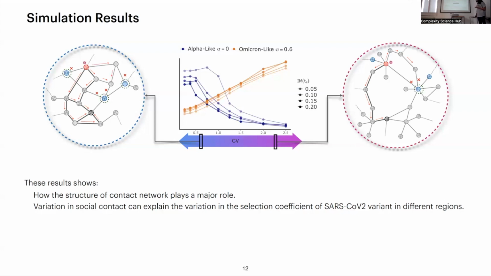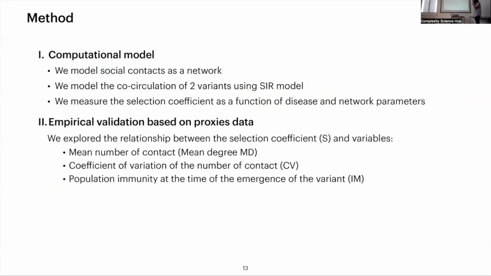Also, because we see that the selection coefficient varies significantly with CV, the variation in selection coefficient that I showed you in the first plots can be explained by the heterogeneity of the contact network. So let's see if we can validate our finding with some empirical data analysis.